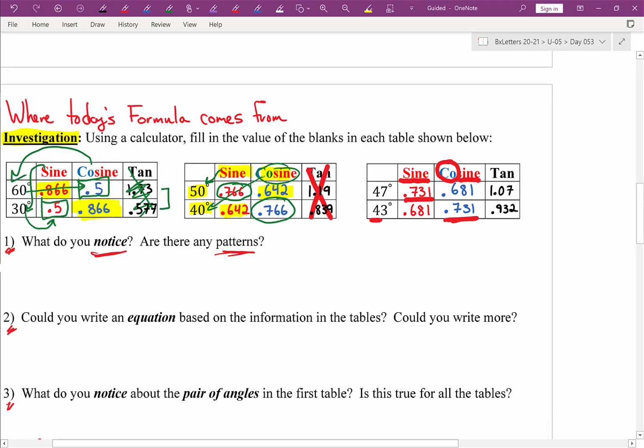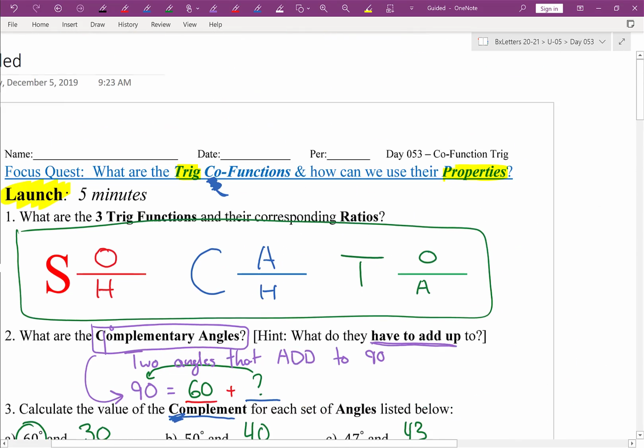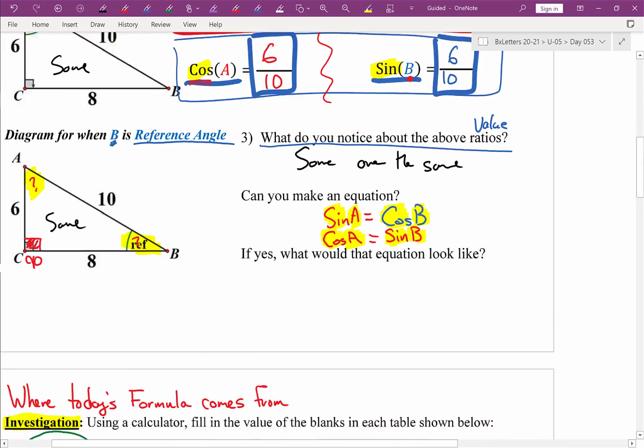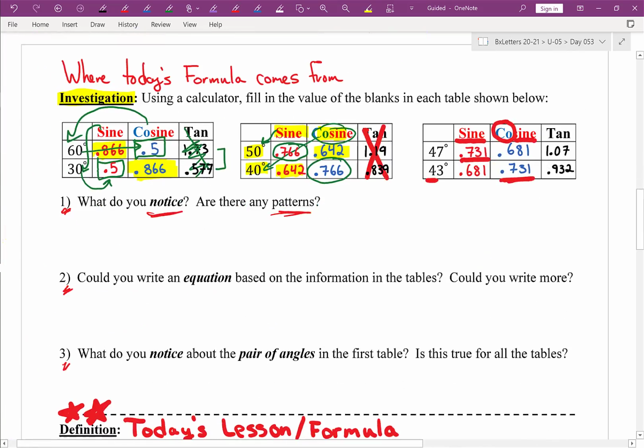And that co is meant to remind you that they are cofunctions. They share something in common. And not only are they cofunctions, they do something special. So yeah, there's a pattern. We kind of talked it out.